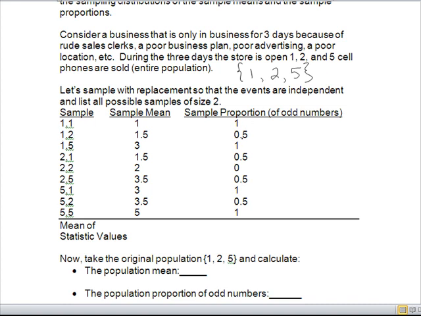Now, let's consider the original population and calculate the population mean. We have a 1, a 2, and a 5. So 1 plus 2 plus 5 gives us 8. We divide that by 3, and the mean is 2.67 or 2.7.